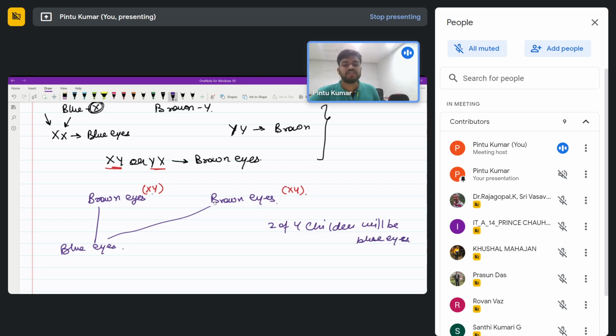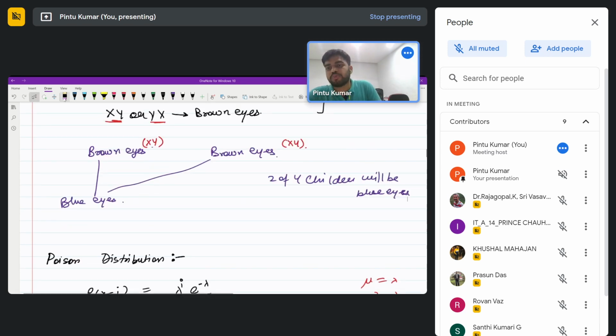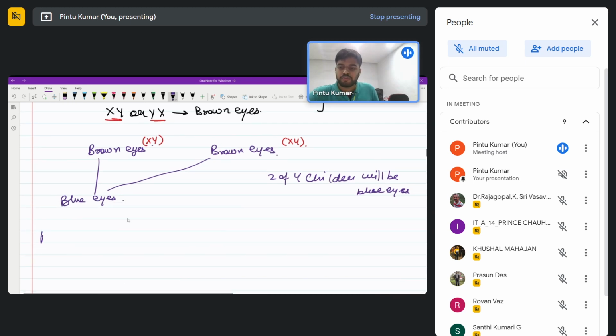So the first task would be to calculate the probability of one child being blue eyed. Whenever a new offspring is born out of a parent, the probability of transferring either gene is equal.